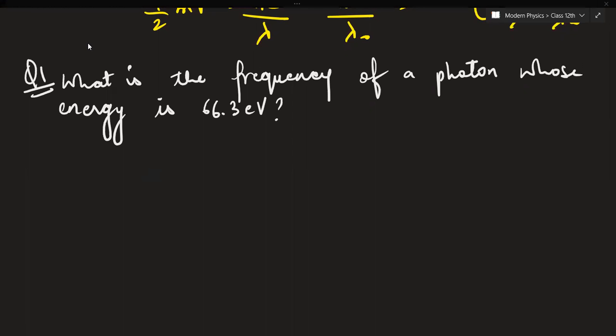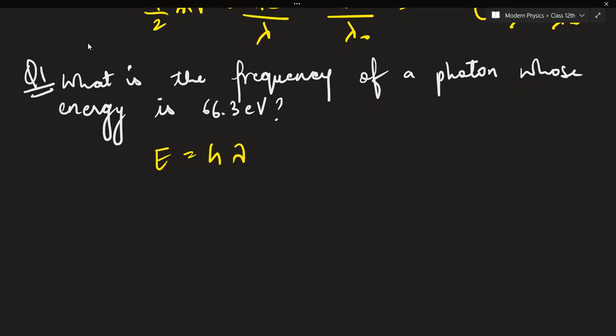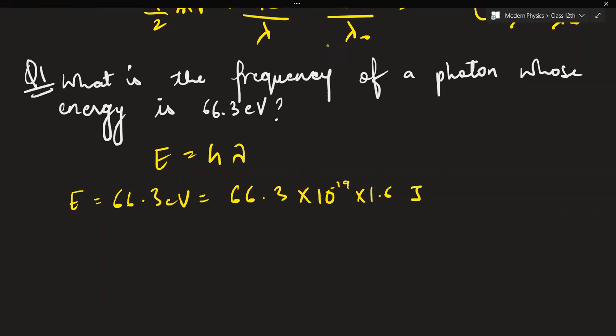See class, here frequency is asked, energy is given. So E is equal to h nu. Right. Now see, Planck's constant is in joule, 6.63 into 10 to the power minus 34. So electron volts conversion, I have already told you how to convert it. So 66.3 electron volt will be 66.3 into 10 to the power minus 19 into 1.6 joules.